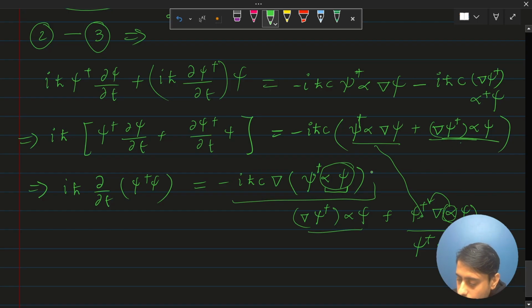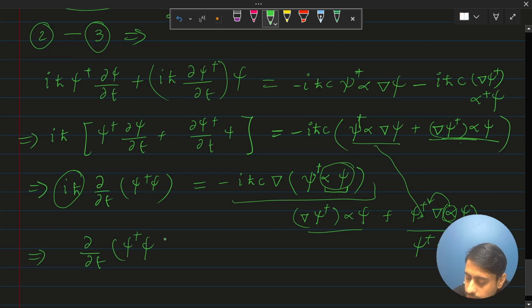Now we can cancel out this iħ on both sides, and we can write ∂/∂t of ψ†ψ is given as minus c, because ħ is already cancelled, ∇ of ψ† α ψ.